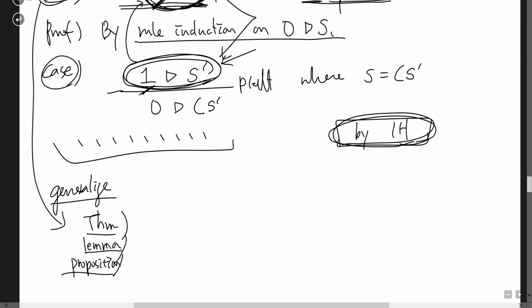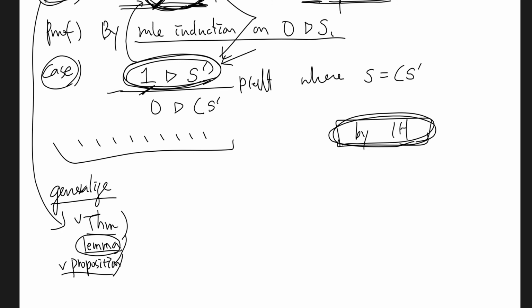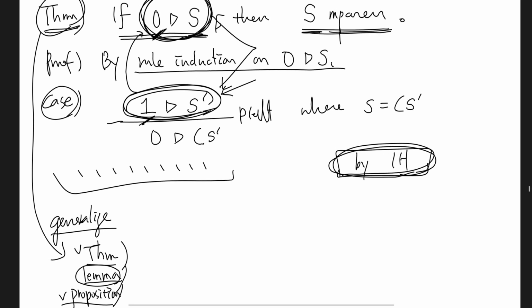There's no particular rule saying which statement must be called a theorem or which must be called a proposition. But usually a lemma is introduced as a statement that helps to prove something stronger. So let's call it the lemma.